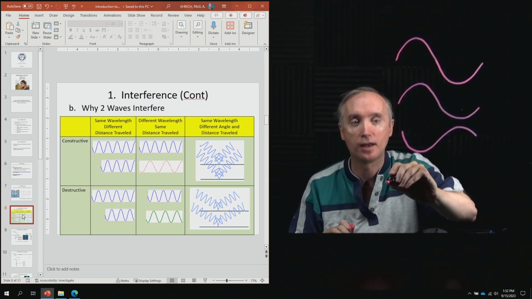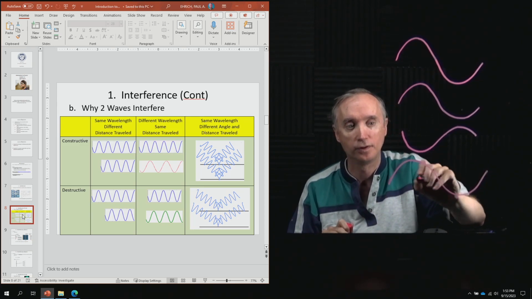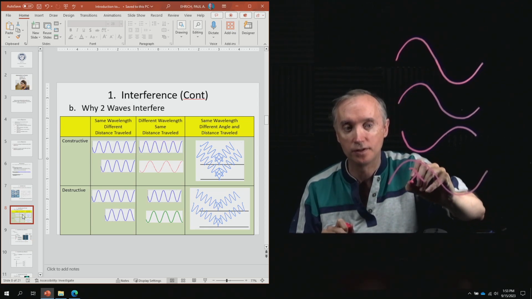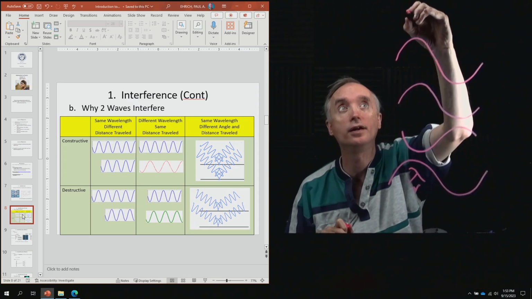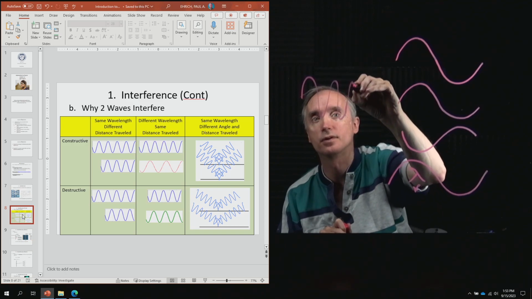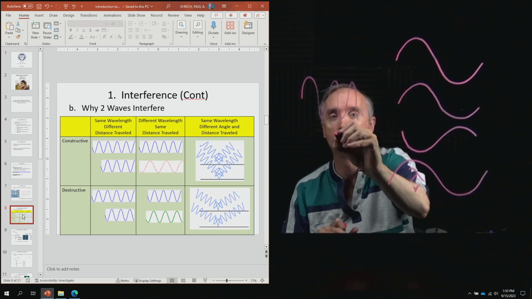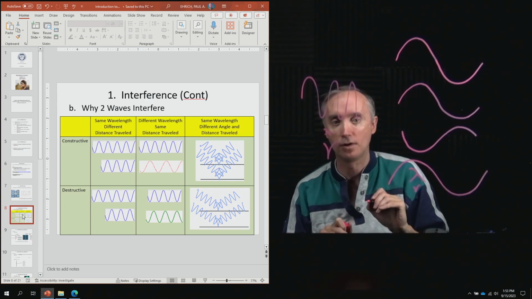If you've got a large wavelength, so lambda is large, then the frequency is going to be small. If on the other hand you got a wave that's more like this, the wavelength is small, but the frequency is going to be large.